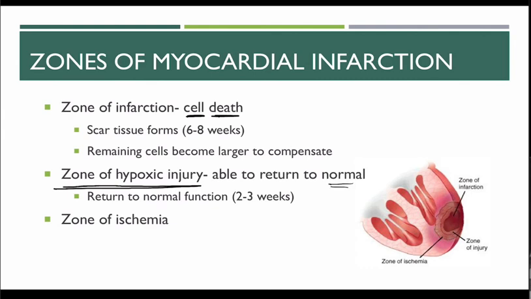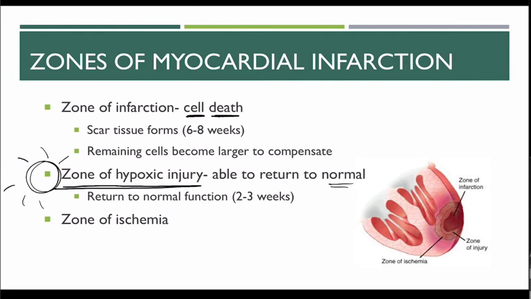An important thing to think about here, when we're thinking about the steps from Unit 1 of hypoxic cellular injury, is that during the time of the MI, while the cells are undergoing hypoxic injury, they are not functioning normally. Let me say that again. The cells that are experiencing hypoxic injury during the MI are not functioning normally.